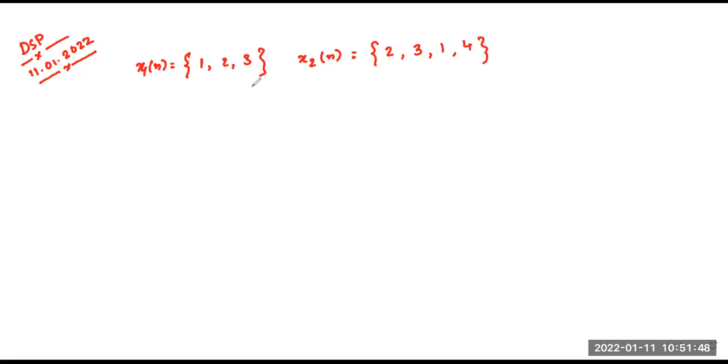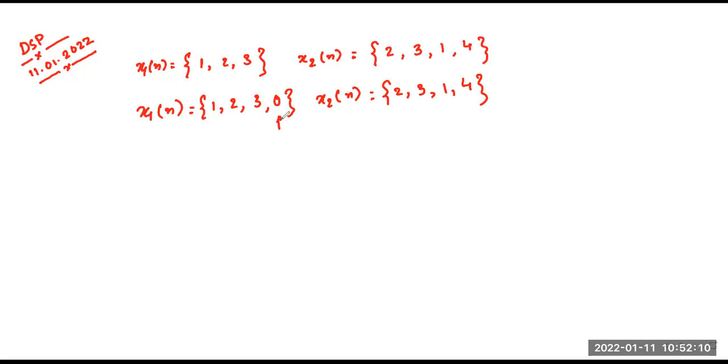Then how to proceed? There is no similarity in length. So what I will do, I will zero pad the first sequence: 1, 2, 3, 0. And x2[n] will be 2, 3, 1, 4 to make the sum. So this procedure is called zero padding.